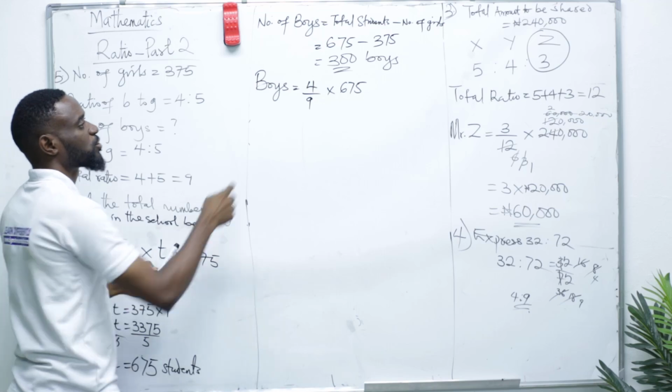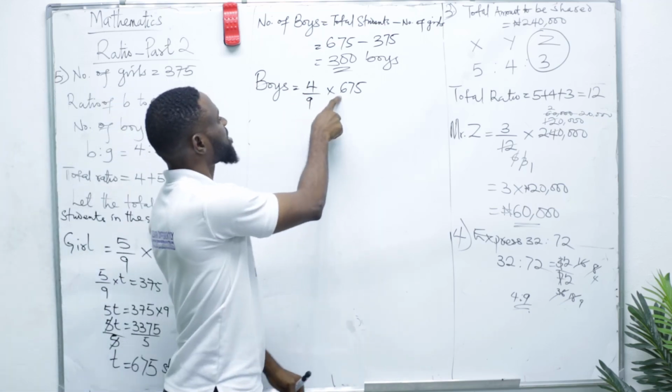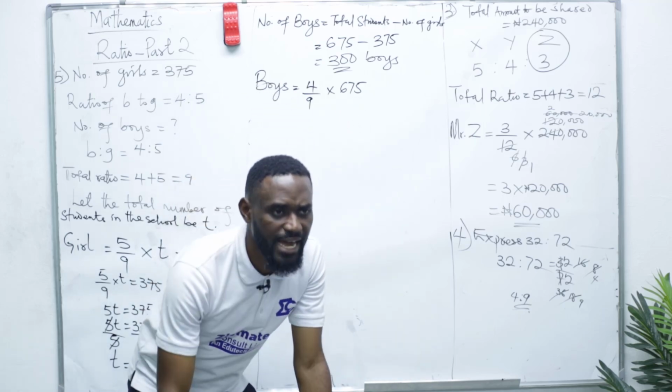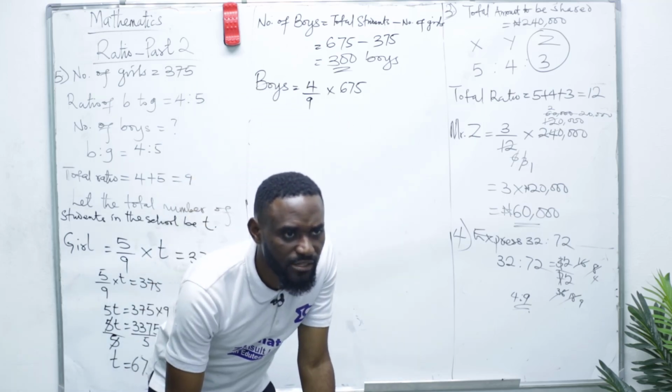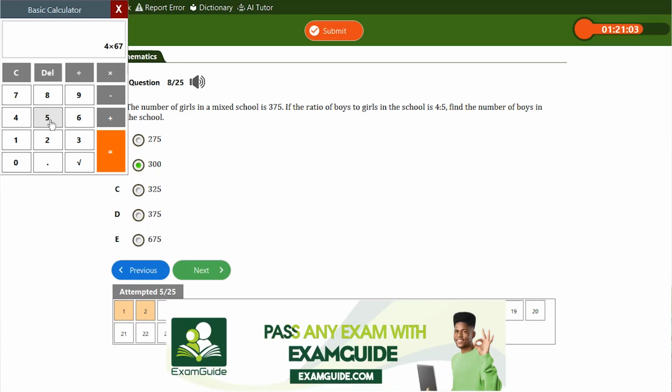So we do 4 times 675 divided by 9. 4 times 675 is equal to 2,700.